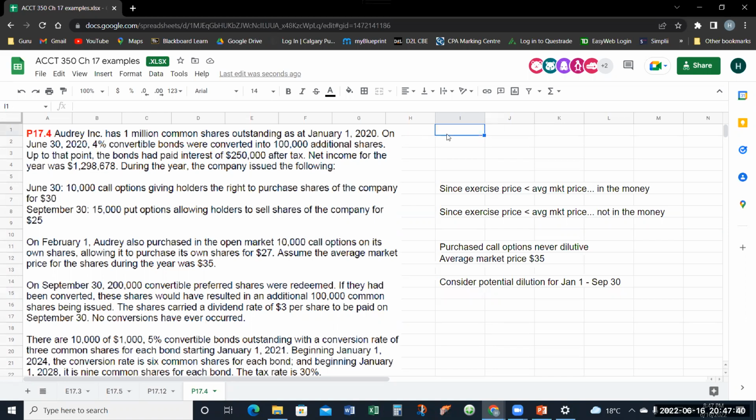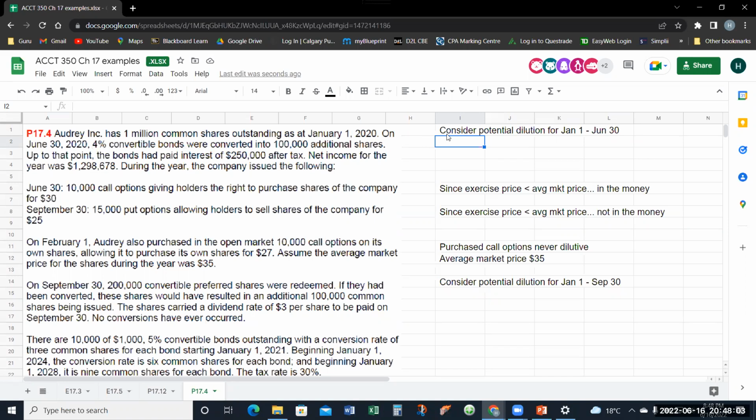So we have to consider potential dilution for Jan 1st to June 30th. They actually were converted on June 30th, but between January 1st and June 30th, they could have been converted.